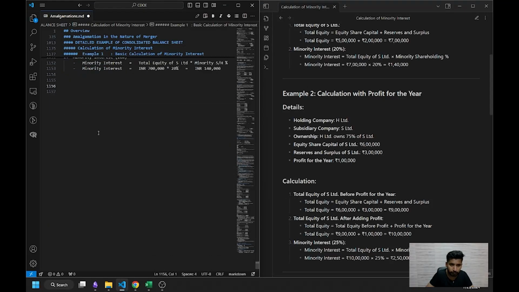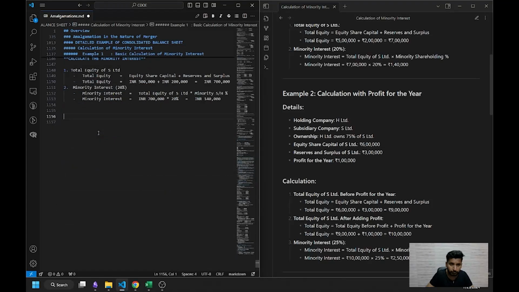Second scenario comes when, example 2, that is the calculation with the profit for the year.